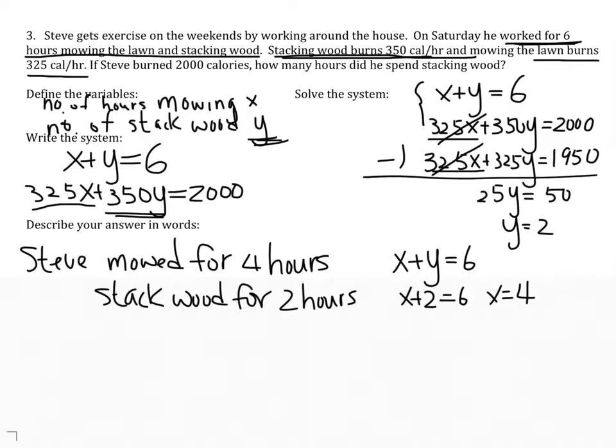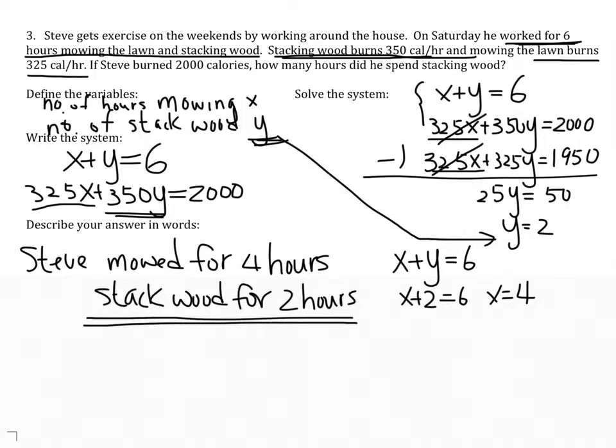Basically, we can answer the question here because it says if Steve burned 2,000 calories, how many hours did he spend stacking wood? Remember, we used the variable y to find the number of hours stacking wood. So y equals 2. You can basically answer the question here. So Steve stacked wood for 2 hours.